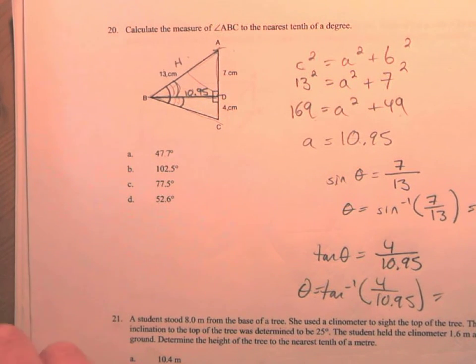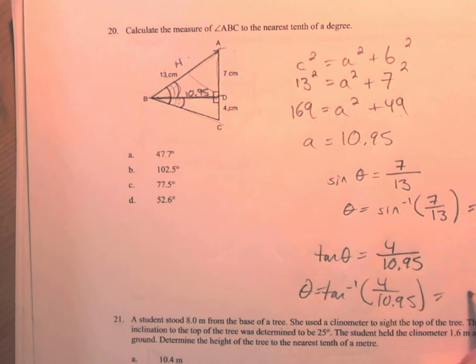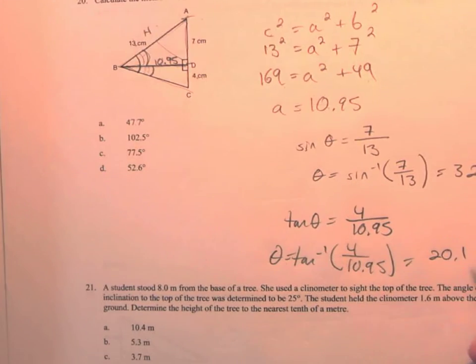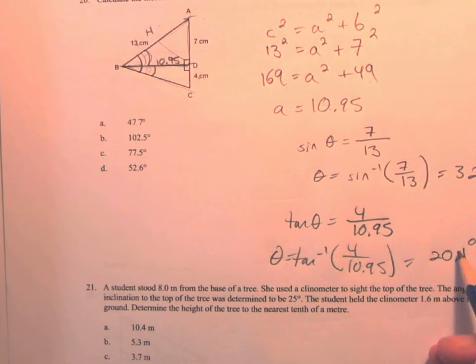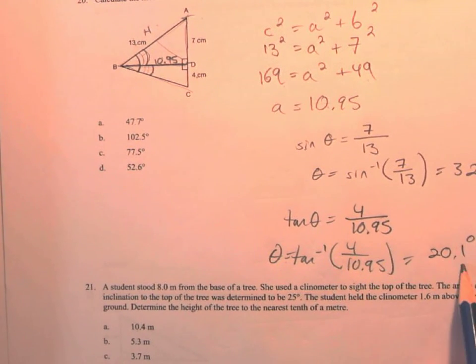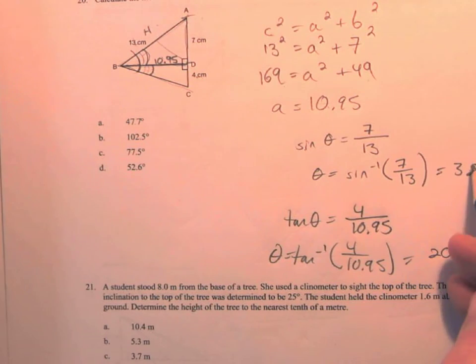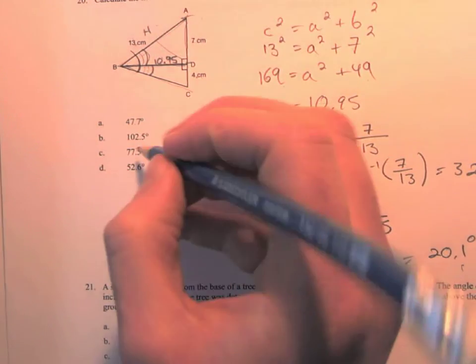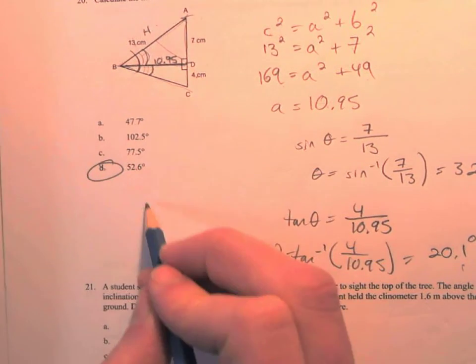And we end up with 20.1 degrees. So we have this plus this will give us our whole angle, so it's going to end up being 52.7, or 52.6 is close enough.